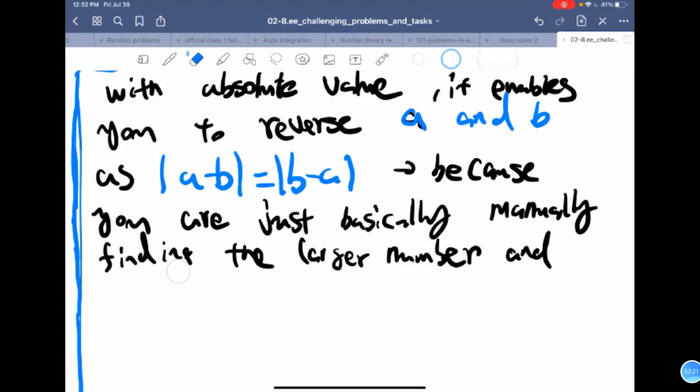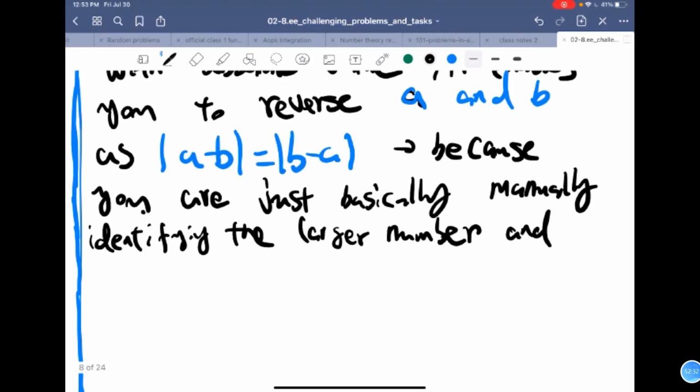Identifying, obviously, I think that would be a better word. I'll say without loss of generality.